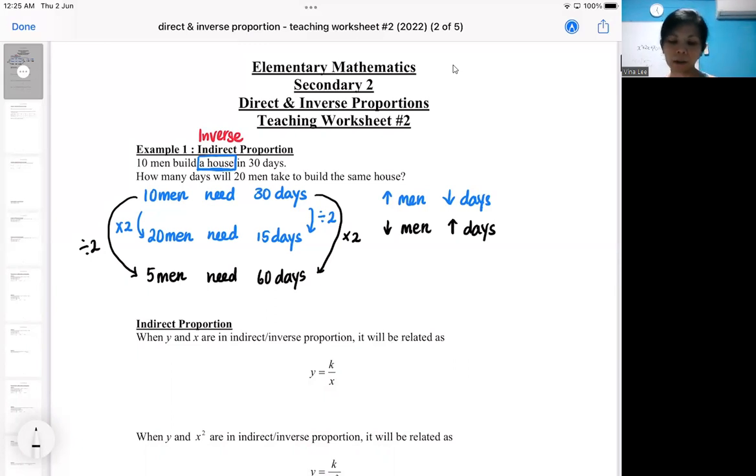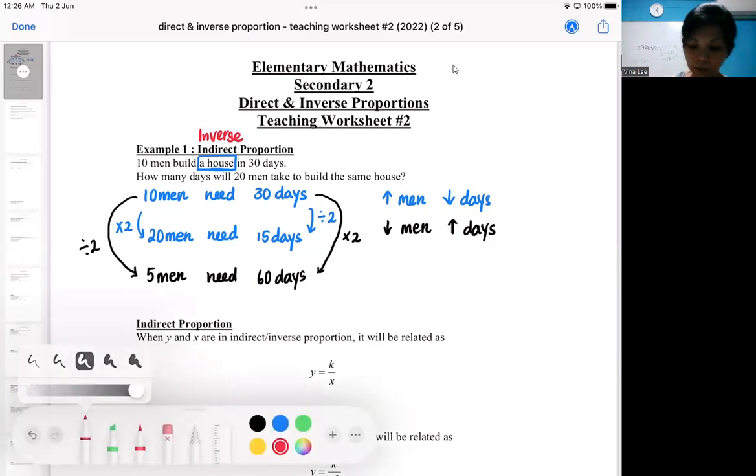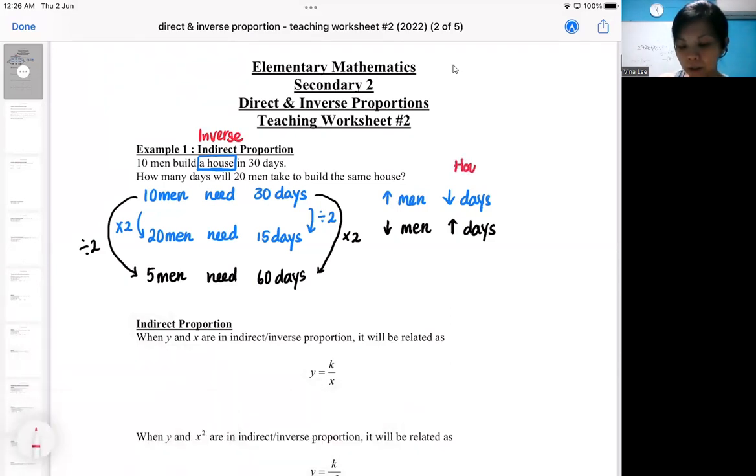In a way, there is an algebra setup for the two variables. You might want to think of the house as a constant. The work done for the house is like a constant.